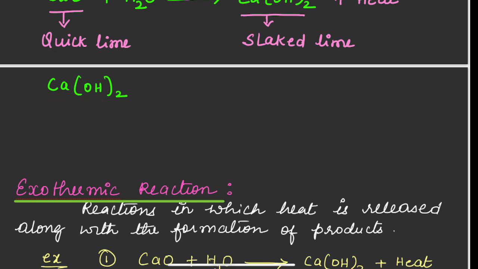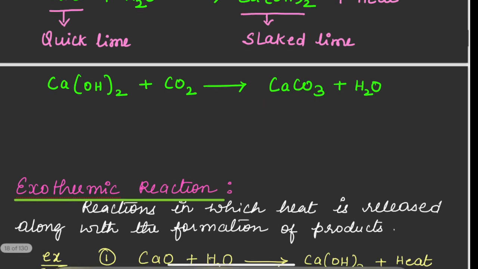So calcium hydroxide, when it reacts with carbon dioxide gas, forms calcium carbonate plus water. This is responsible for giving white shining color to the wall, due to the formation of calcium carbonate. So calcium hydroxide will react with carbon dioxide in the air and form calcium carbonate and water.